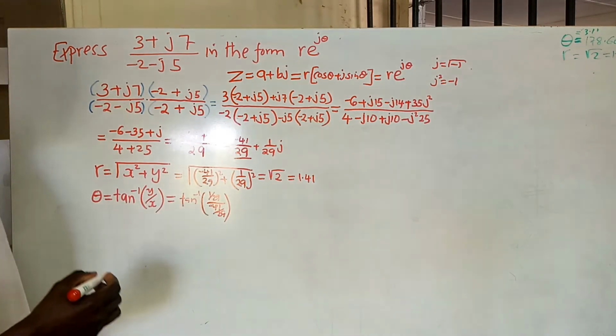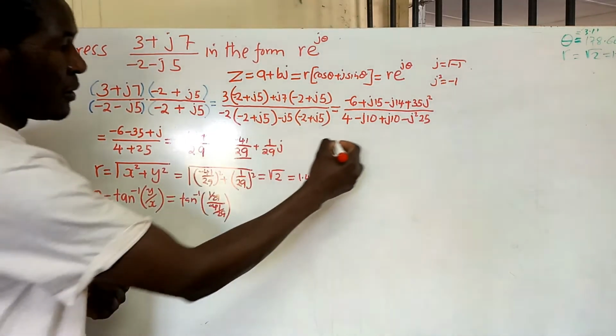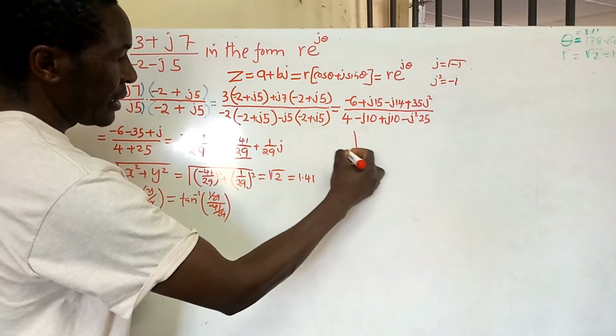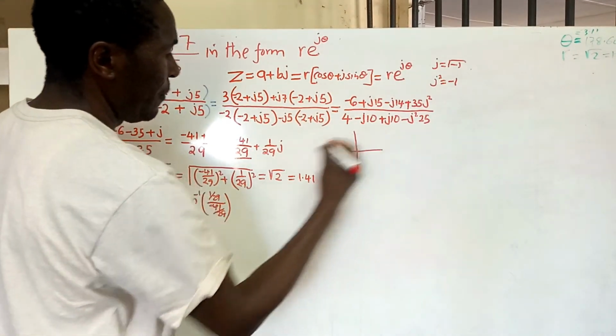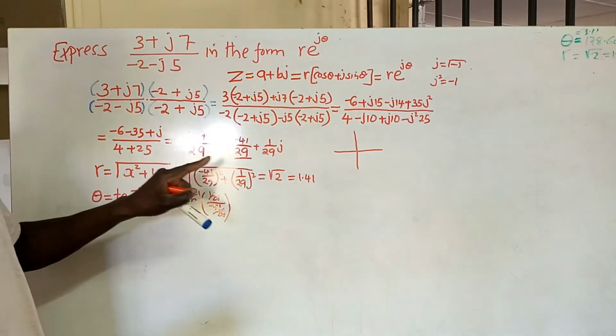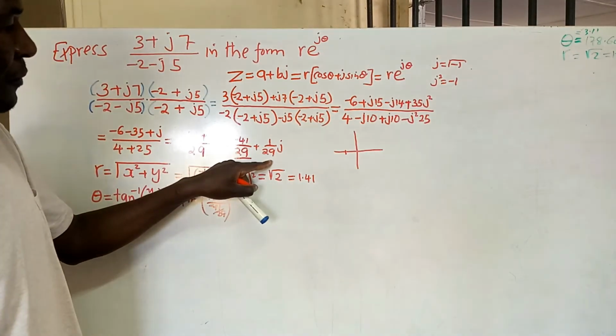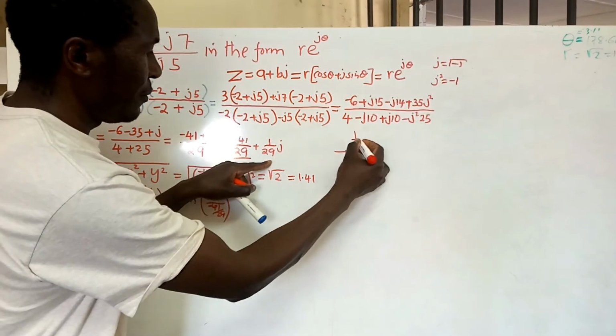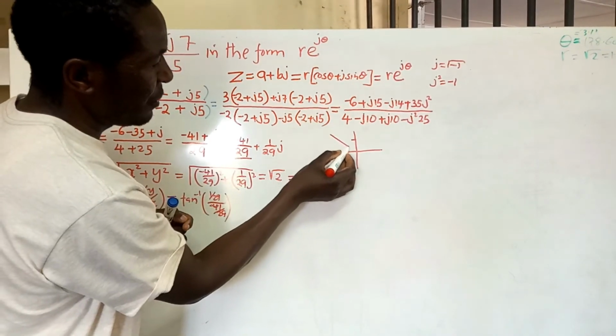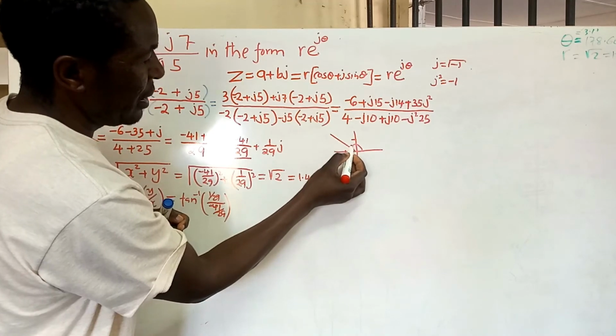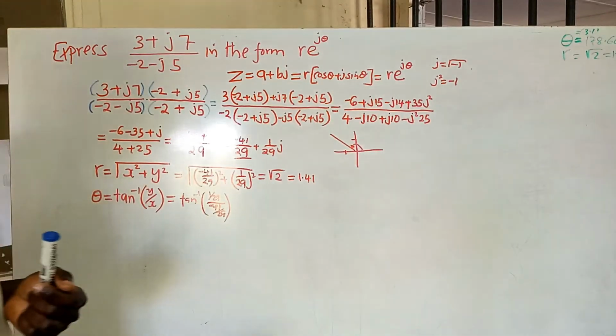But remember now, we need to be careful because we are looking for the correct angle. In this case, the x coefficient is negative and the y coefficient is positive, which means the correct angle is supposed to be in the second quadrant.